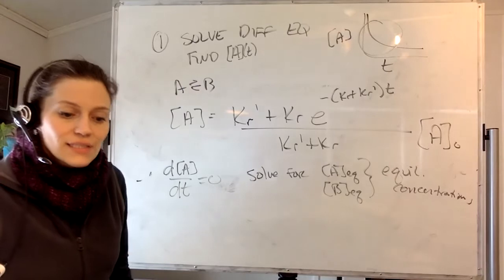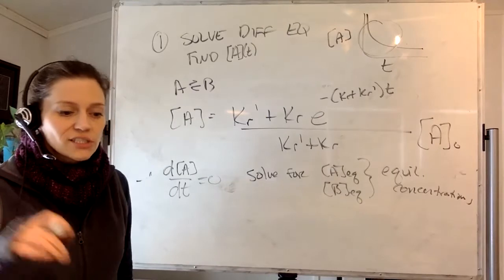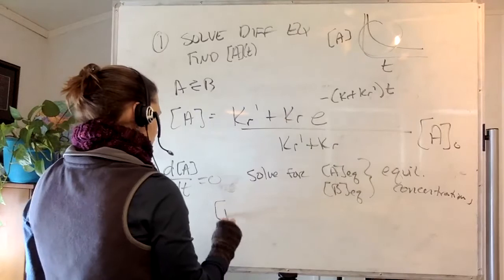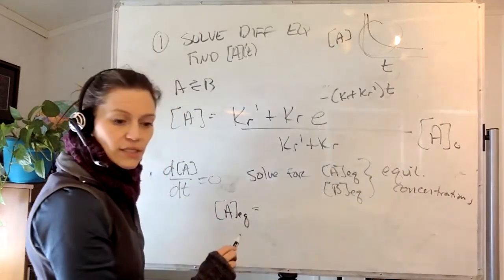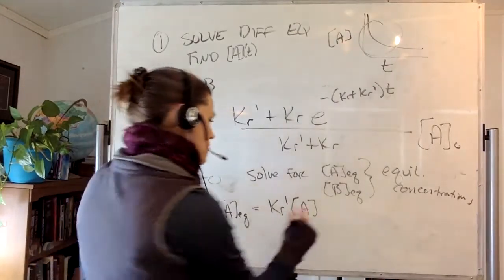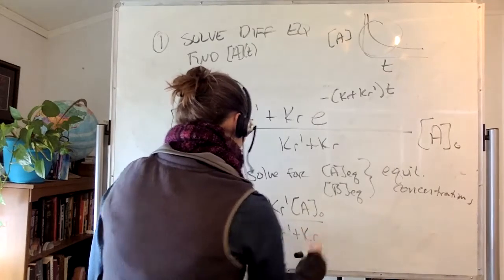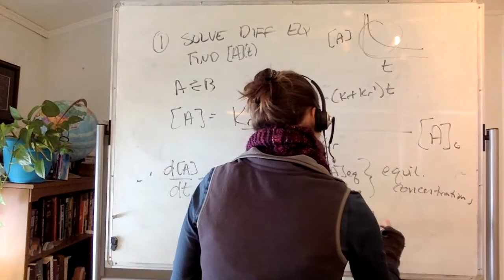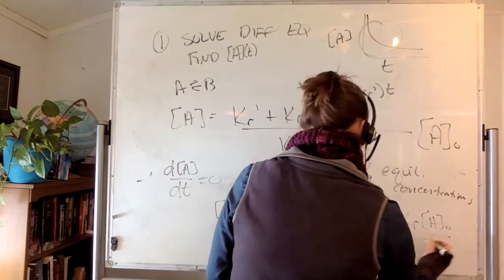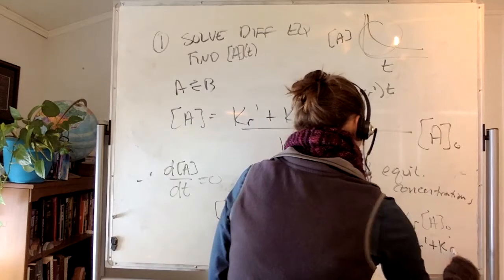Okay, so you can follow the example in Atkins on page 737 for the 11th edition. If you solve for these equilibrium conditions, you get A equilibrium is equal to Kr prime times the initial concentration of A divided by Kr prime plus Kr, and then the concentration of B at equilibrium is equal to Kr times the initial concentration of A divided by Kr prime plus Kr.